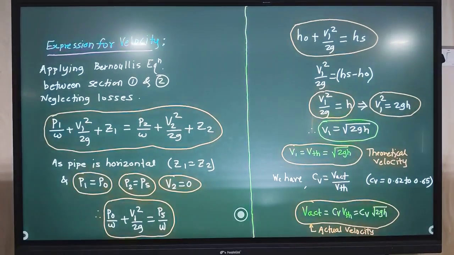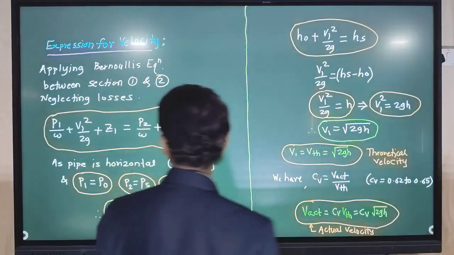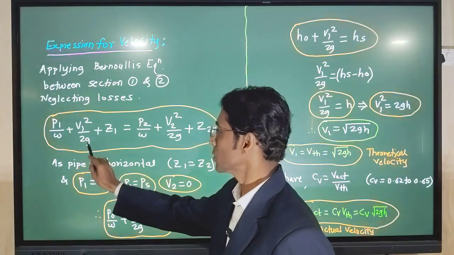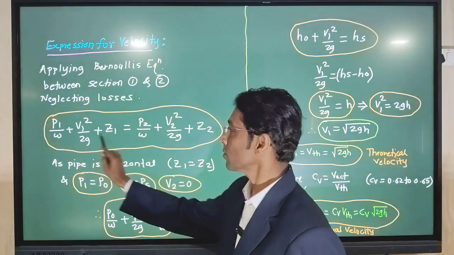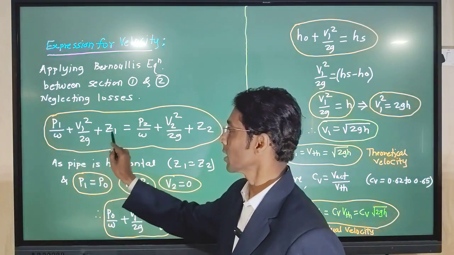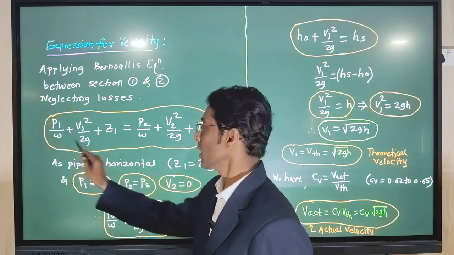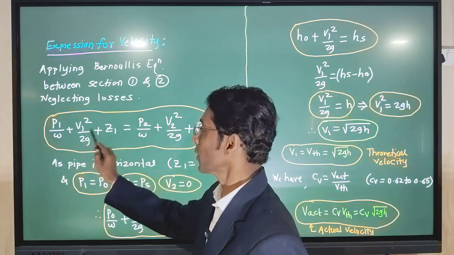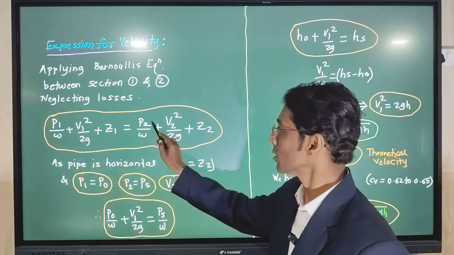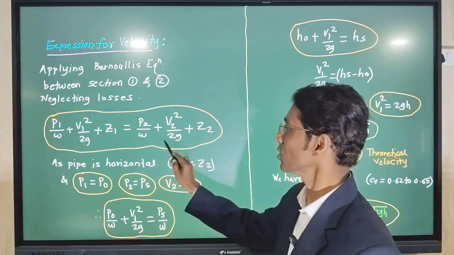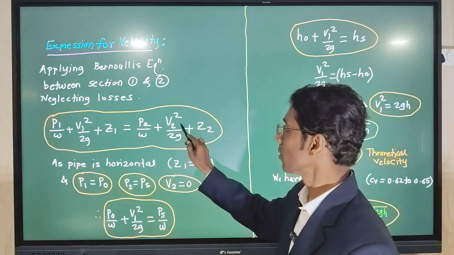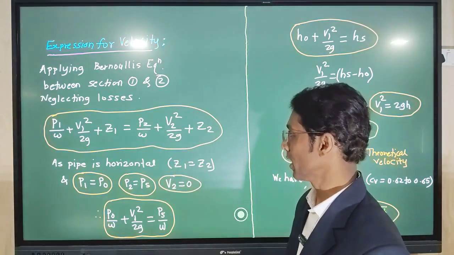Applying Bernoulli's equation between section 1 and 2, we write the equation P1 by W, V1 square by 2G and Z1. The summation of these three energies, pressure energy, kinetic energy and elevation energy, at point number 1, that is the static point, is equal to the summation of energies at the stagnation point, point number 2, that is P2 by W, V2 square by 2G and Z2: pressure head, velocity head and elevation head.